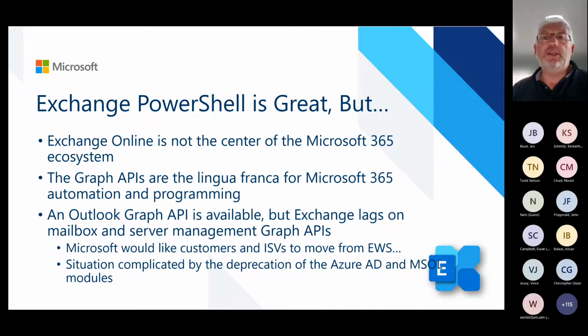On the other side, you've got EWS, Exchange Web Services. Microsoft would like their customers and ISVs, the guys that build all the add-on products for Exchange, to move from EWS. But in some cases, there's this inability to move because there aren't the Graph APIs. And then we've got the deprecation of some popular modules.